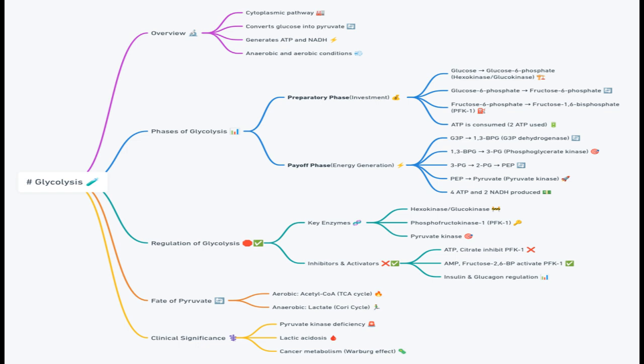That's insulin activates the PFK2, leading to increased F26BP, which stimulates PFK1 and promotes glycolysis.